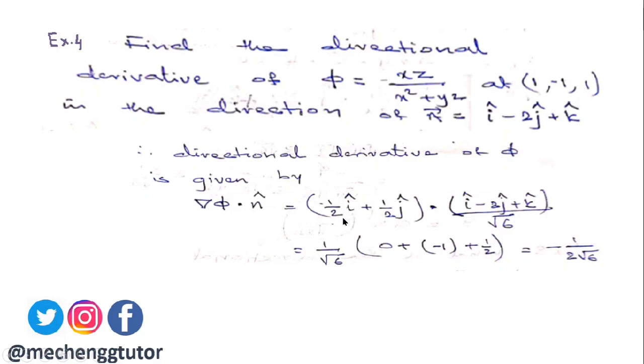I'll make the correction, so half j plus half k it should be. So half j into minus 2, that is minus 1, and half k into 1 is half. So the final answer is minus 1 upon 2 root 6. So this is the final answer for this problem.